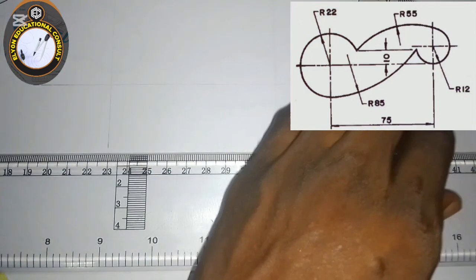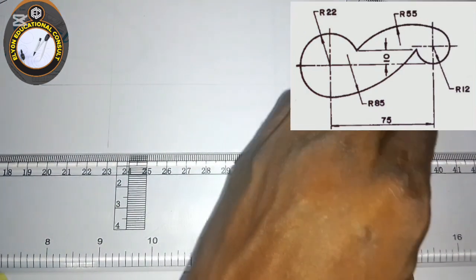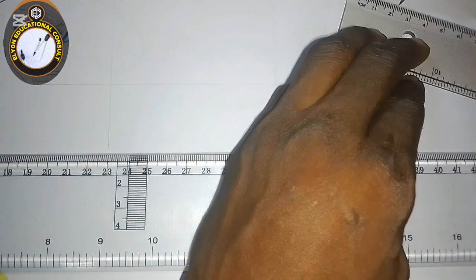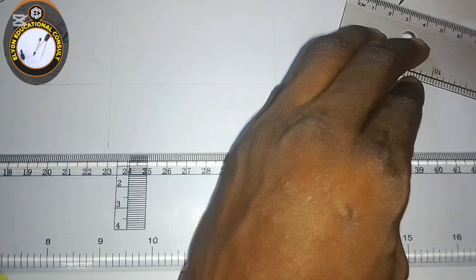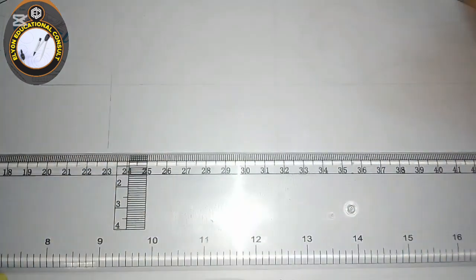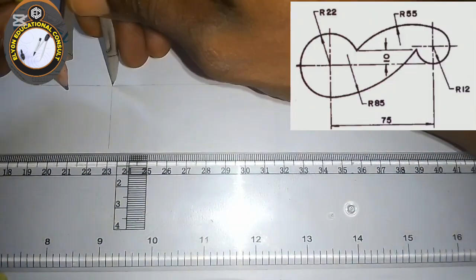As we can see, circle radius is 22. So I'm going to be drawing that now. I will draw circle radius 22. So this is 22. Place at this point now.